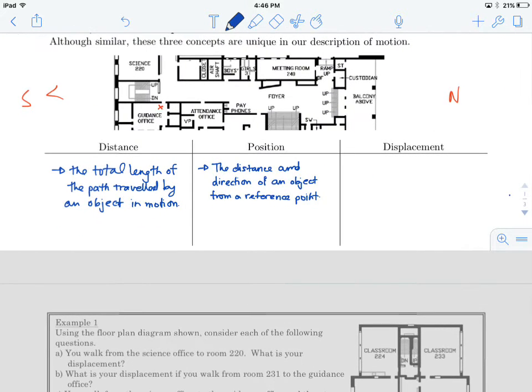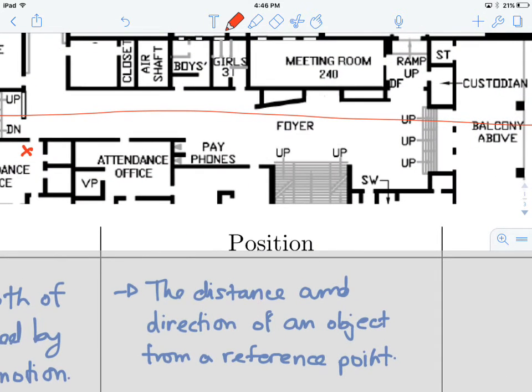Now, most of the time, if we're dealing with, say, a Cartesian coordinate system where we have an origin, a 0 point, then it's really easy to find the position of a dot or an object, no problem, because we have a very standard coordinate system that we can use. But not so when we're looking at things like this. Let's say this right here is 0.